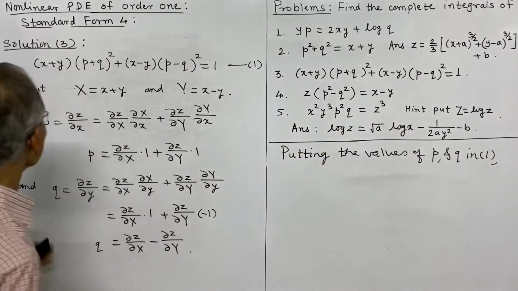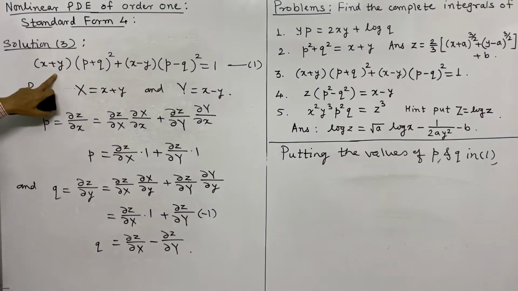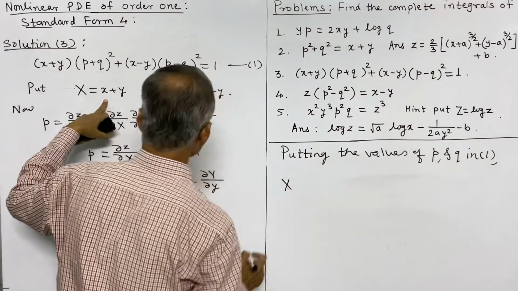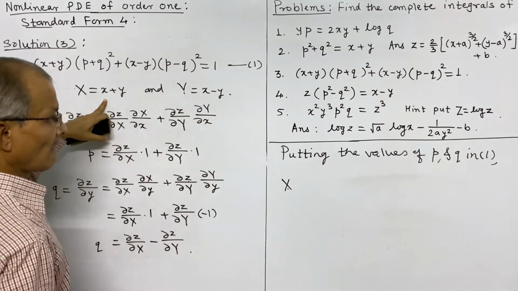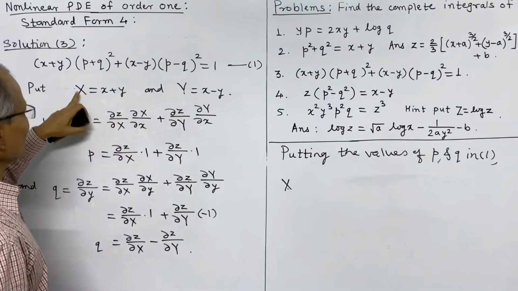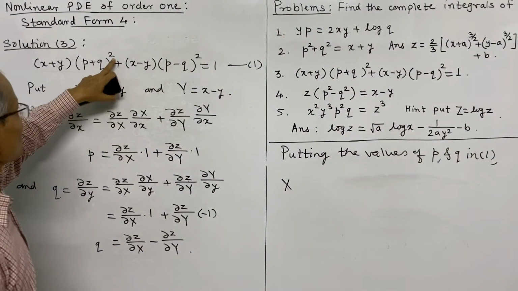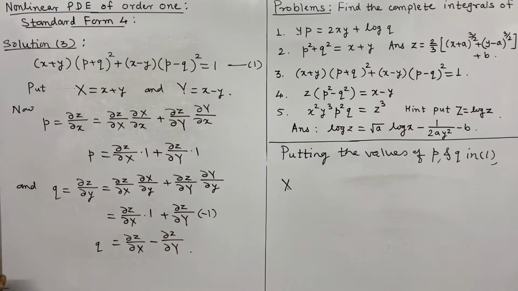What we shall get is x plus y, that is capital X, and the values of p and q, into p plus q whole square. Now you may see this is p, this is q.